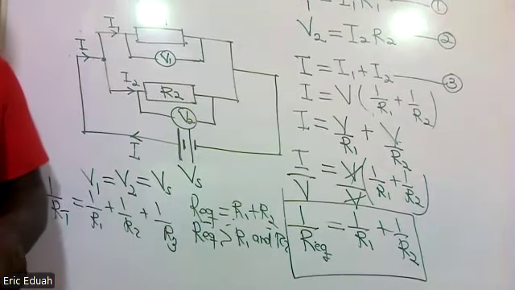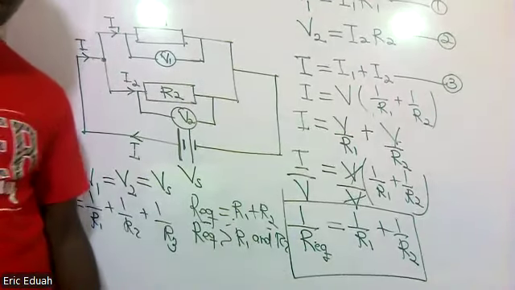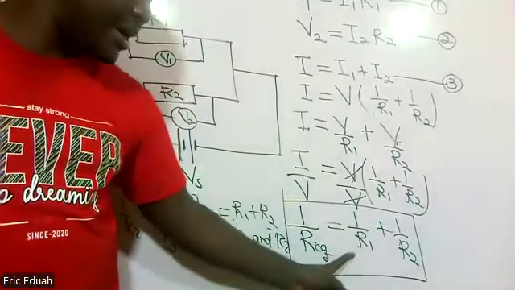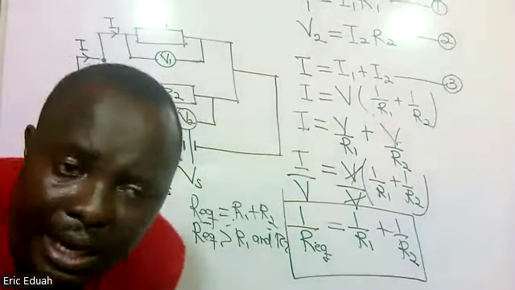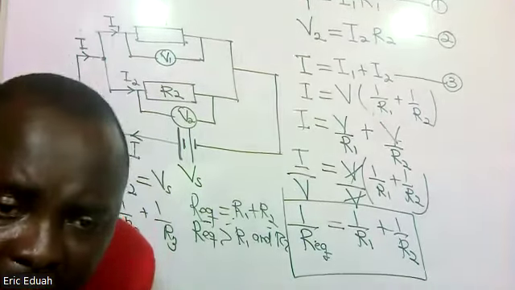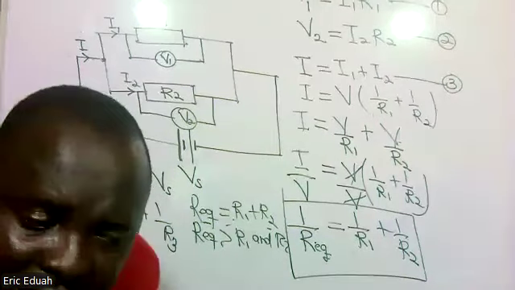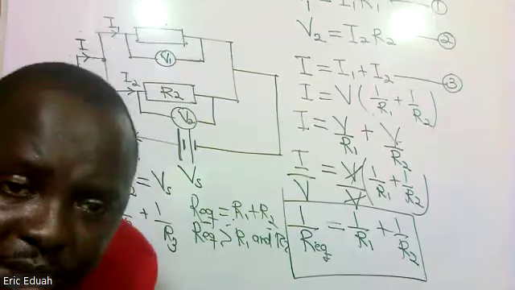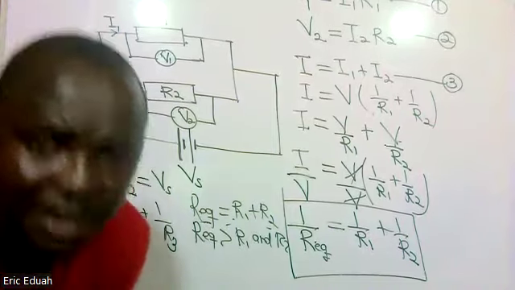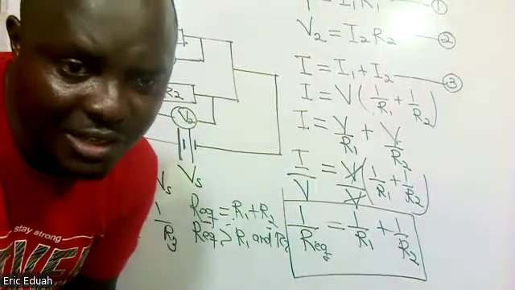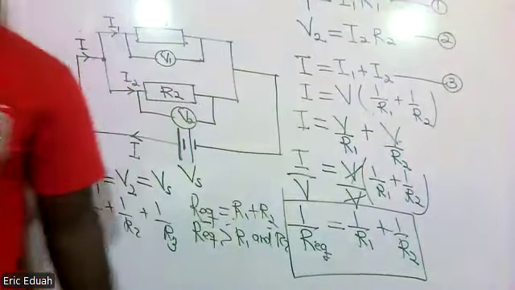In parallel connection, the total, the effective, the equivalent resistance is always less than any one of the individual resistances. So if you are given a number of resistors, and as an engineer, you are asked to design a circuit so that the total resistance would always be less than one of them, it means you must connect them in parallel, and the effective one will always be less than any one of the individual resistors.